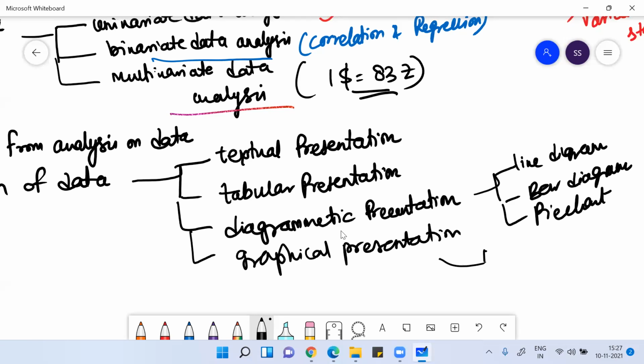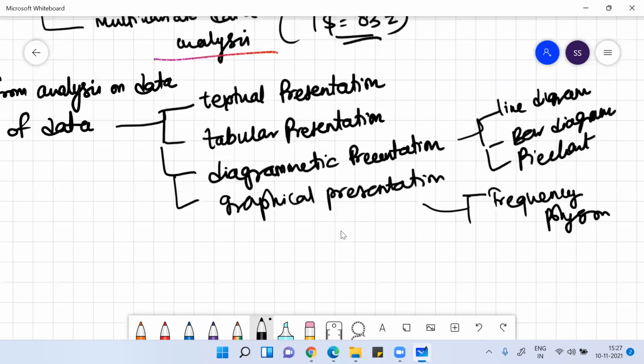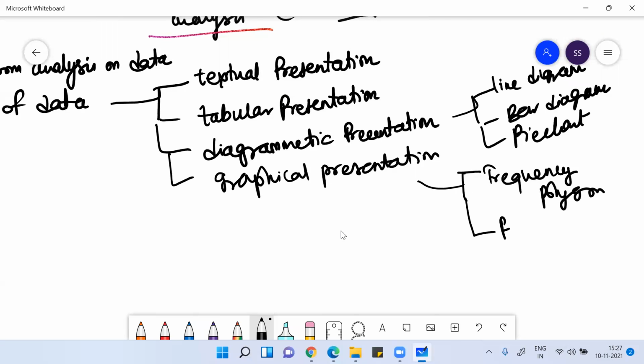In graphical presentation, we'll study frequency polygon, frequency curve, ogive, and histogram.